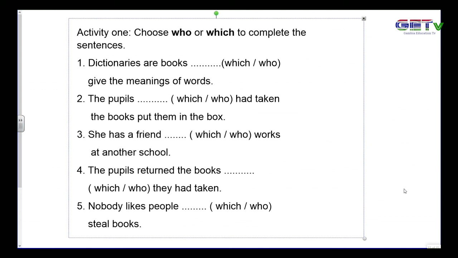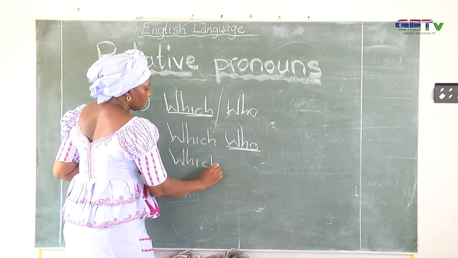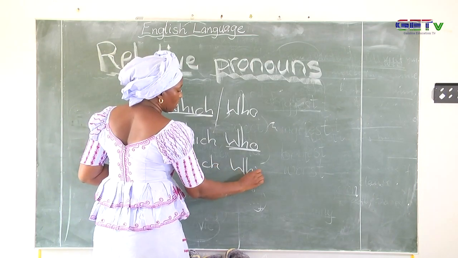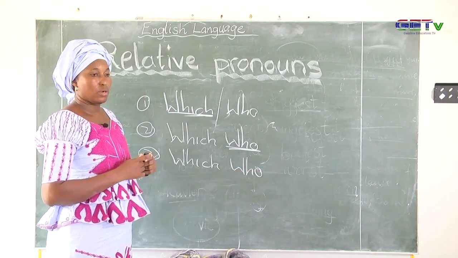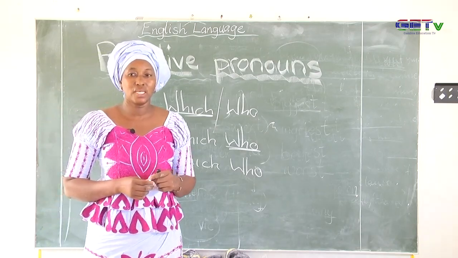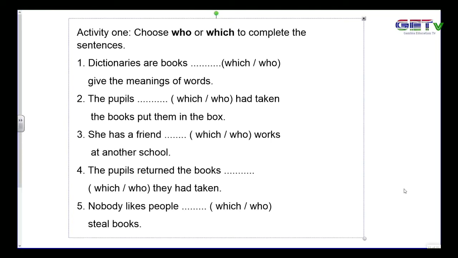Let's move to 3. She has a friend that works at another school. Which, who, we choose one, which or who.